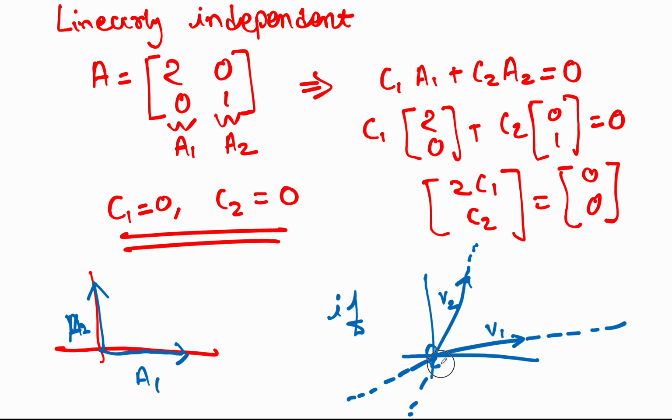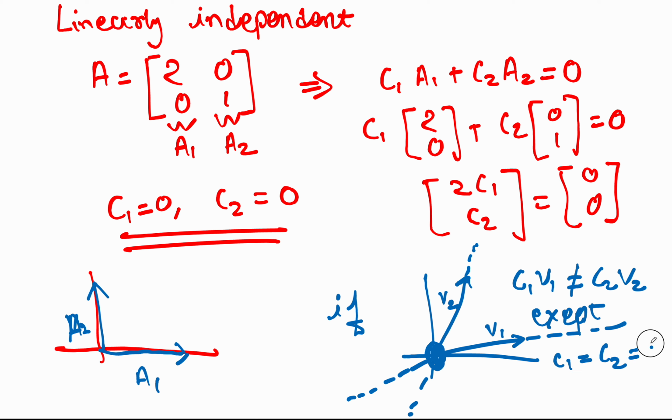So c1 v1 is not equal to c2 v2 except for c1 equal to c2 equal to 0. So c1 v1 plus c2 v2 is not equal to 0, and it will be 0 only when c1 and c2 are equal to 0.